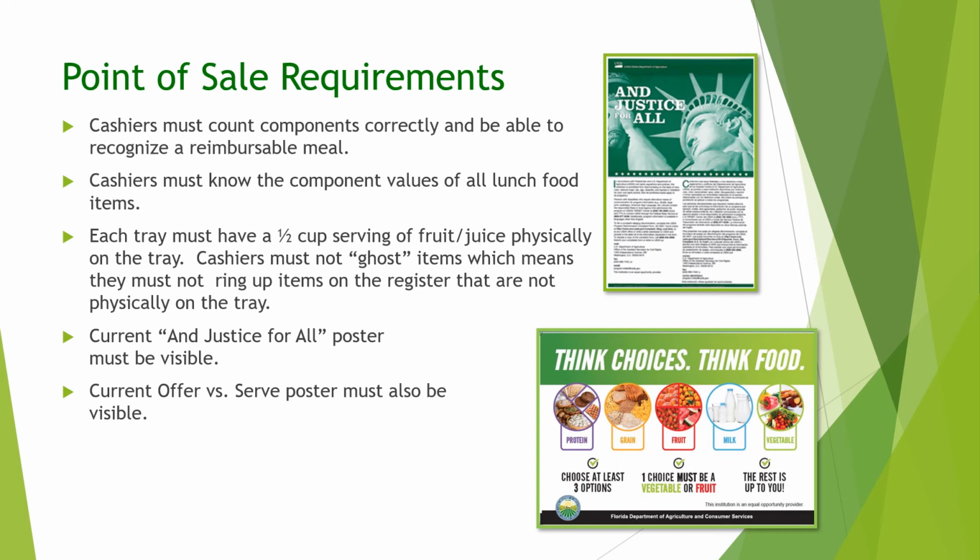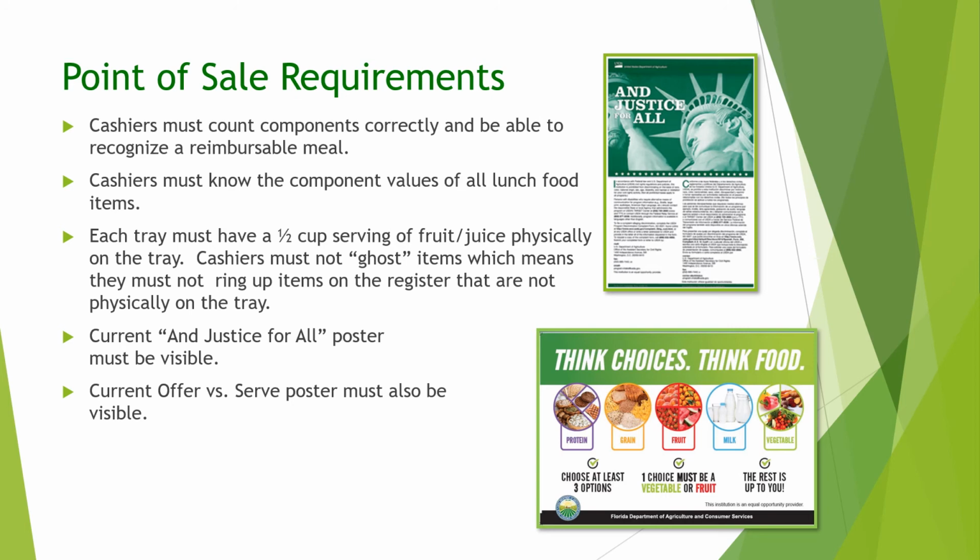As mentioned on a previous slide, staff must be aware of multiple component items such as pizza, lasagna, hamburgers, wraps, or hoagies. Each tray must have a half cup serving of fruit or vegetable component physically on the tray.